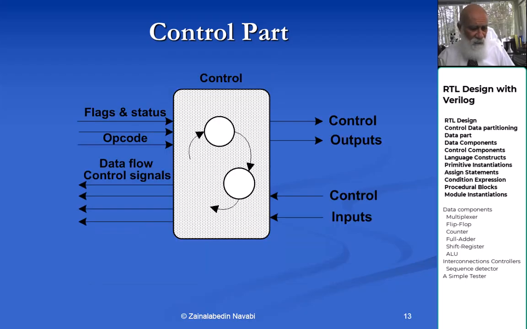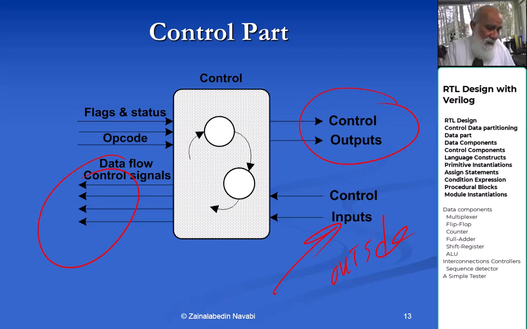Let's talk about the controller part. The controller part again is a Verilog module, and it is the part that makes decisions. The decisions it makes cause it to issue some control signals for the outside world and some control signals for the data path. On the other hand, the controller takes inputs from the outside world, and it can also get inputs from the data path.